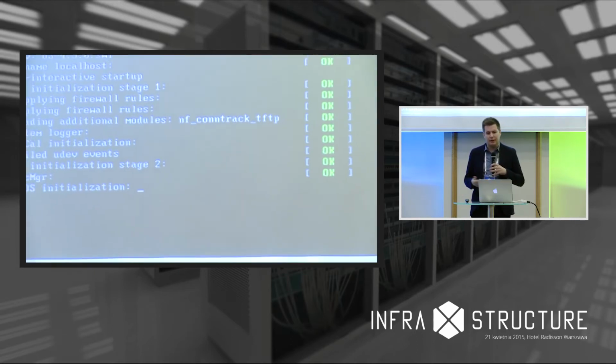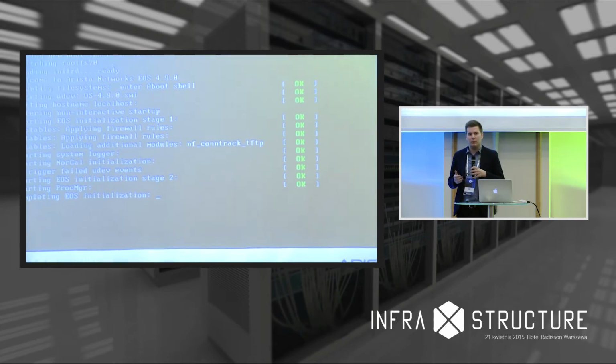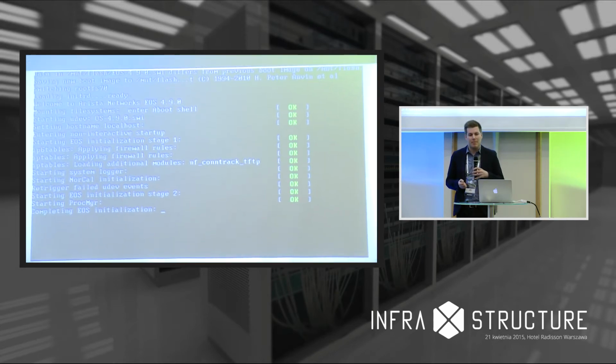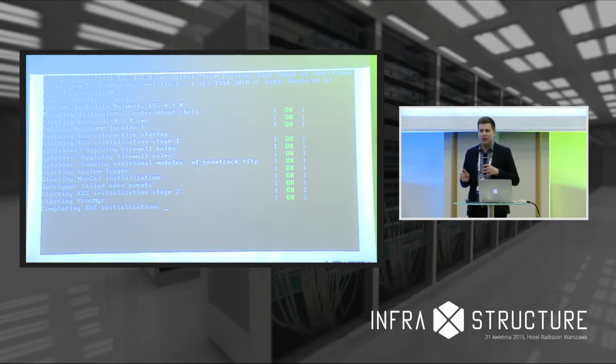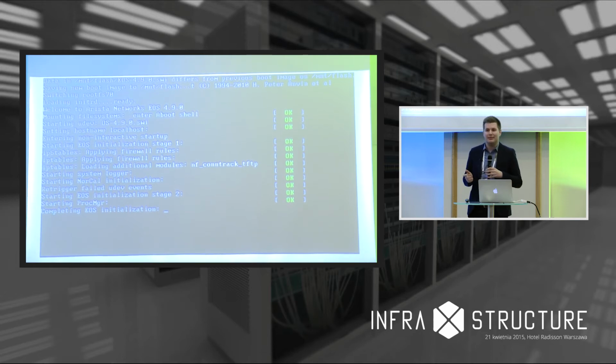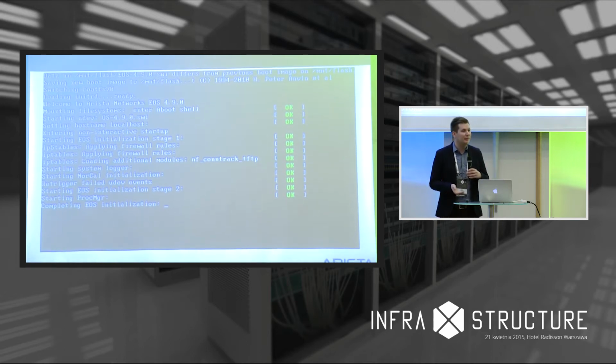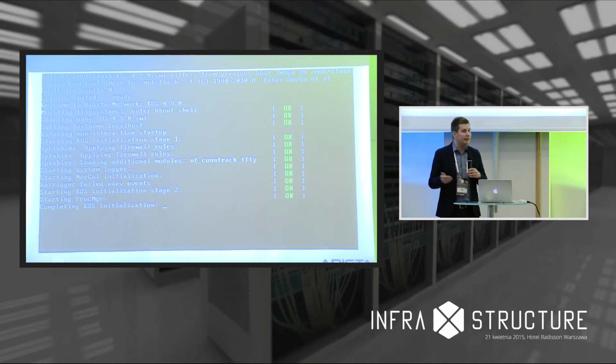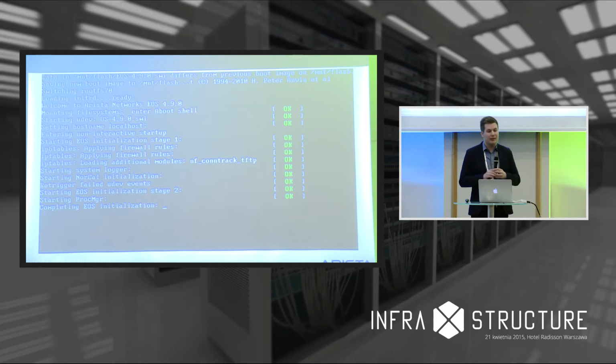This part of the boot process is the same no matter what device it is. But fresh out of the box, it boots into this special ZTP mode. This mode is entered if there's no configuration, so if the config file is empty or does not exist, it will boot into this mode.